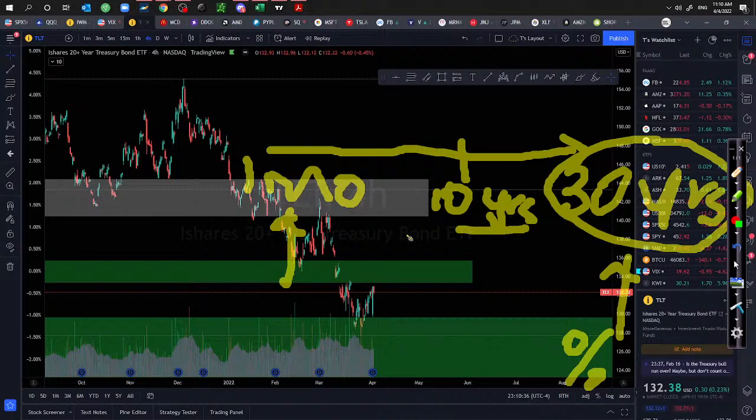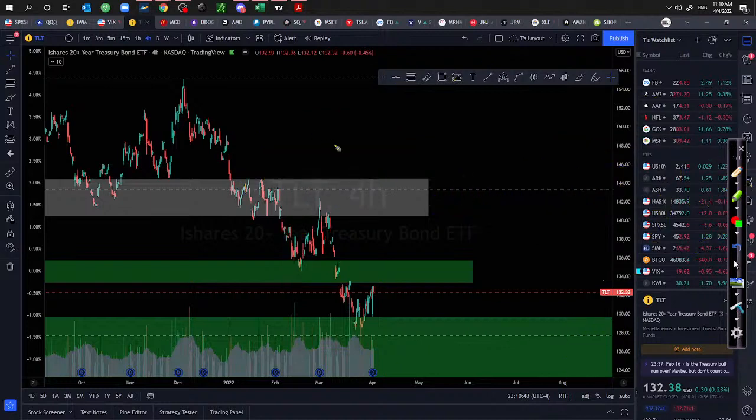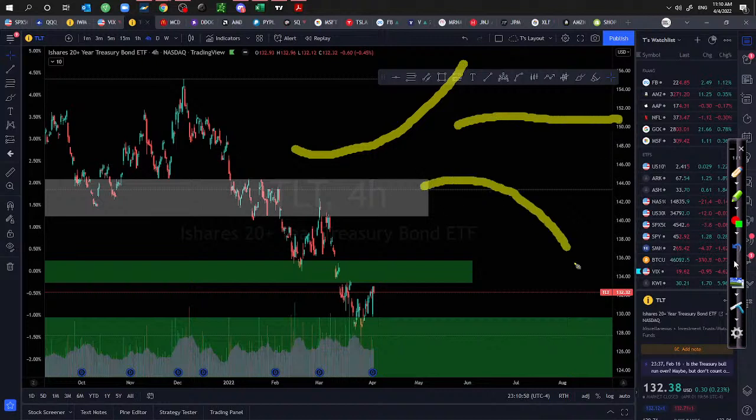So what's currently happening is that the shorter term bonds are now commanding higher rates of return than the 10-year and the 30-year. So we have typically three types of yield curves. You have a yield curve that goes like this, and then one that goes like this, and then one that goes like this. So there are three.